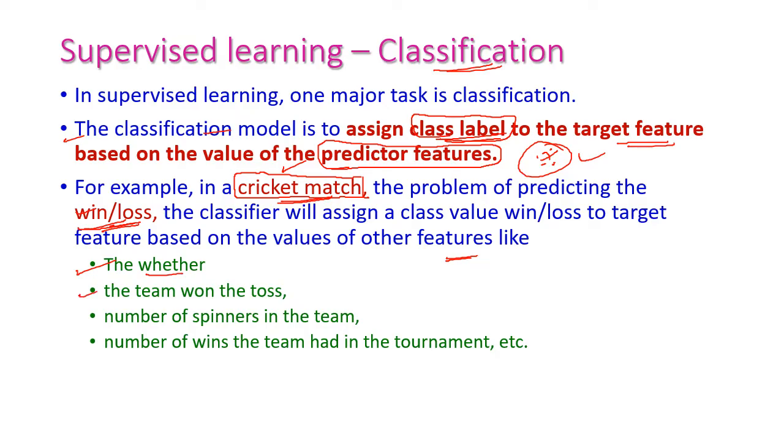Second one is whether the team won the toss or not. The third one is the number of spinners in the team. Fourth one is the number of wins the team had in the entire tournament. And the number of all-rounders in the team, etc. So we need to consider these things before predicting whether the cricket match will be won or lost.